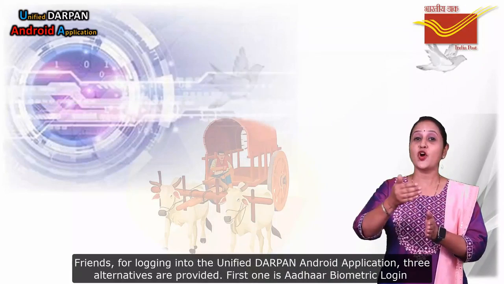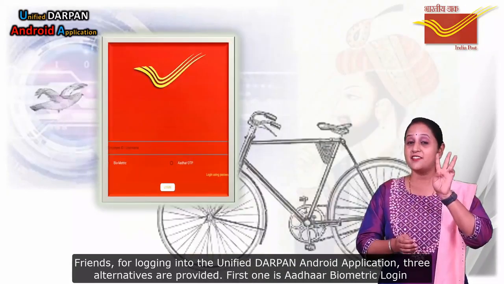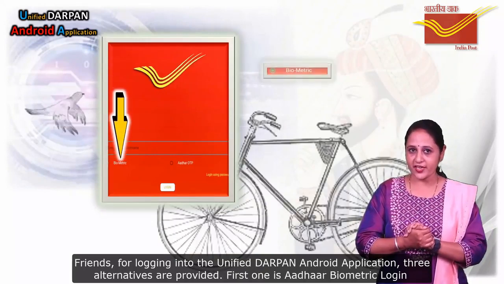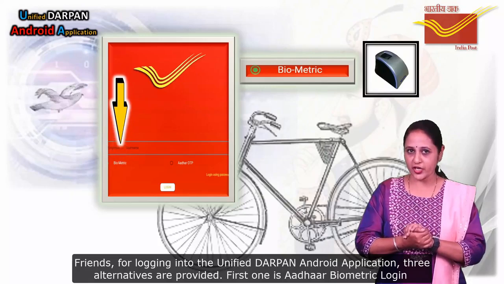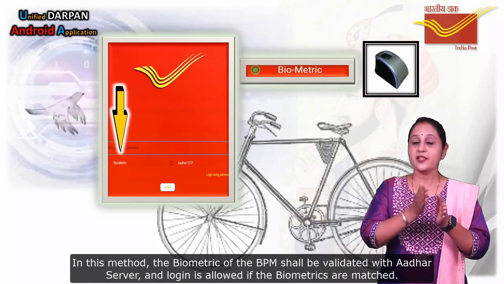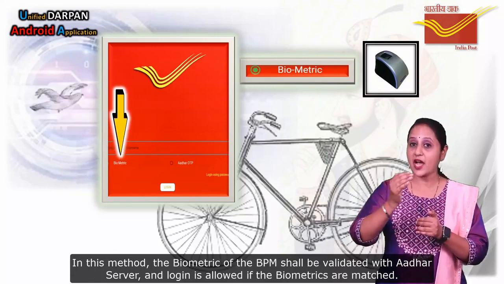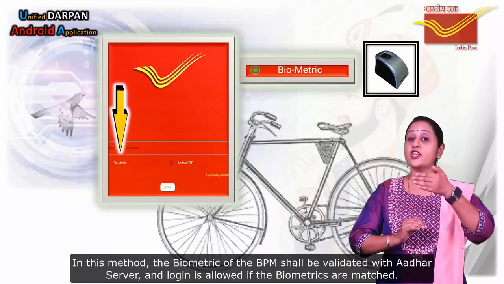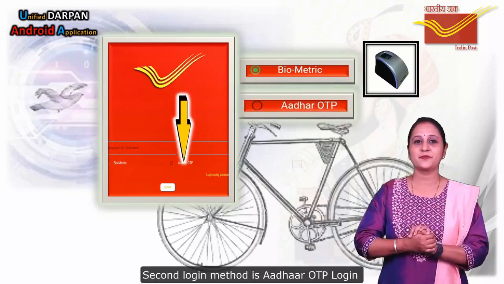Friends, for logging into the Unified Darpan Android application, three alternatives are provided. First one is Aadhaar biometric login. In this method, the biometric of the BPM shall be validated with Aadhaar server and login is allowed if the biometrics are matched.